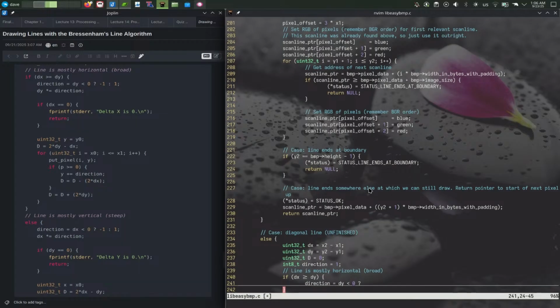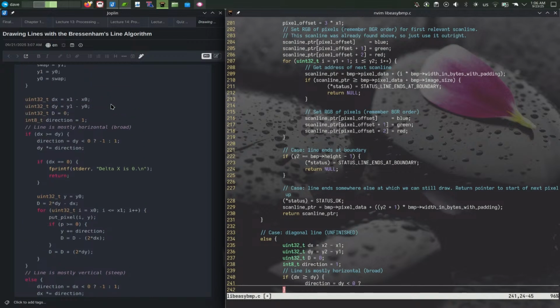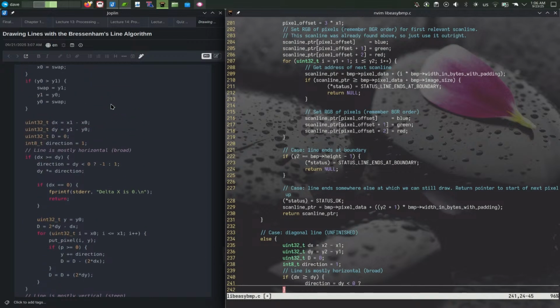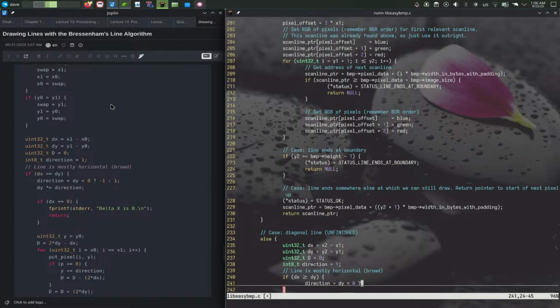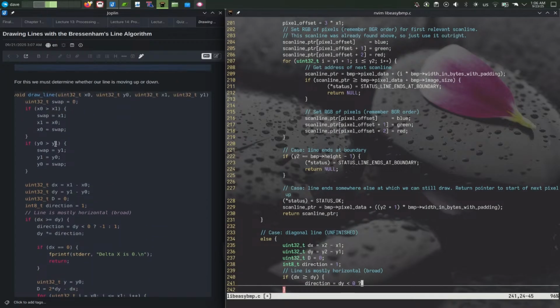Now, this is a little bit weird. Earlier I forced the greater variable, such that dx should really never be negative.